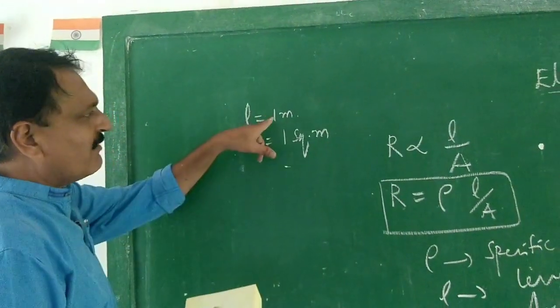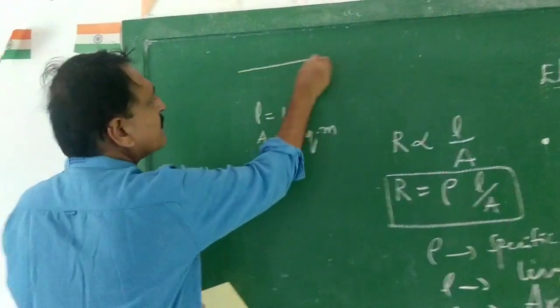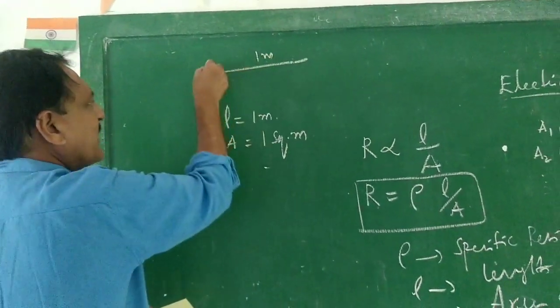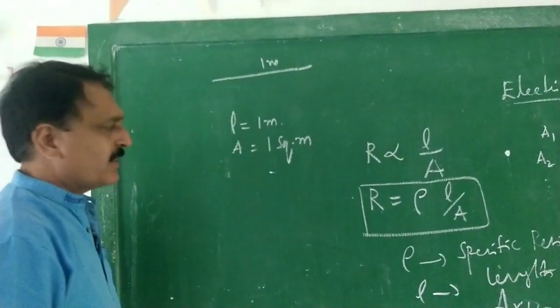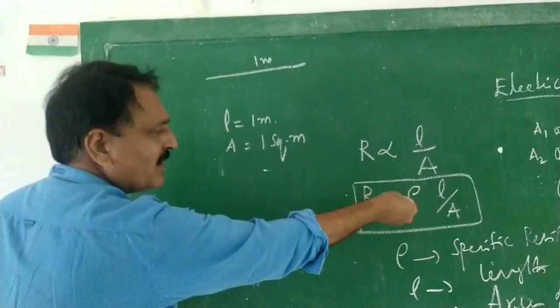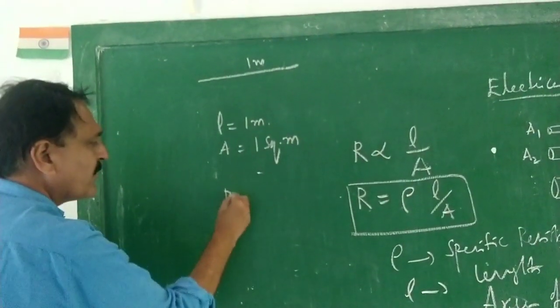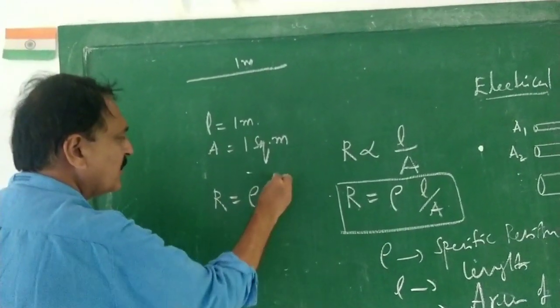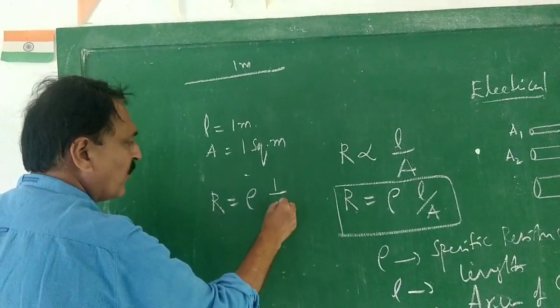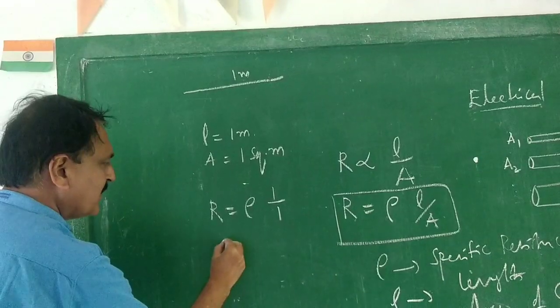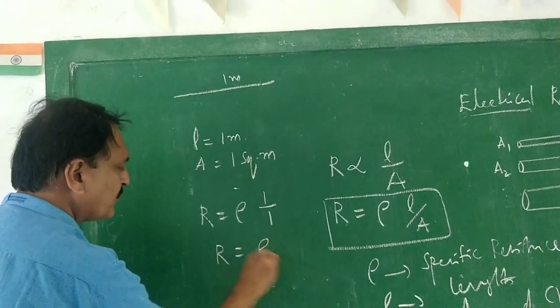I am taking a wire of length 1 meter and area of cross section 1 square meter. Then, if you put these values in this equation, R is equal to rho into 1 by 1. That is, R is equal to rho.